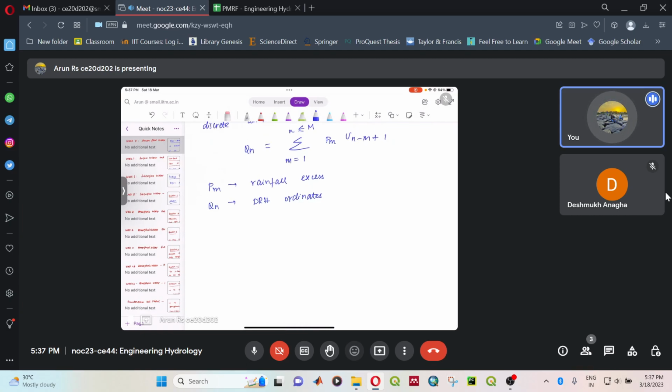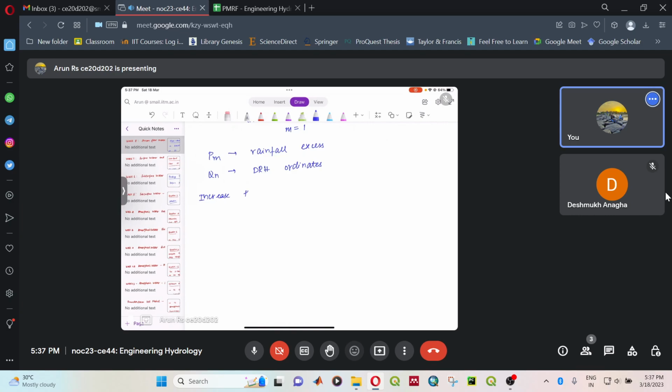So in this particular equation, the successive equations will be: increase the U index by 1, increase the rainfall pulse by 1, and decrease the hydrograph ordinate index by 1.